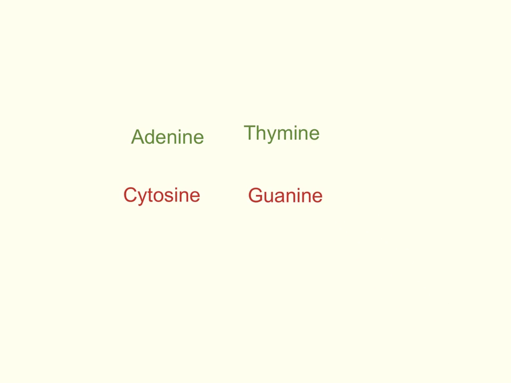How I remember this is I think of the shortcut letters for these bases. Adenine is A and thymine is T. If we look at the way I write the letters, A and T are both made out of straight lines, whereas cytosine and guanine are both made with curved lines. So I remember that A and T go together and C and G.